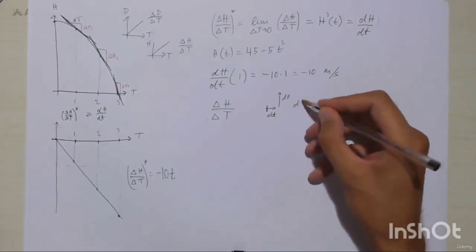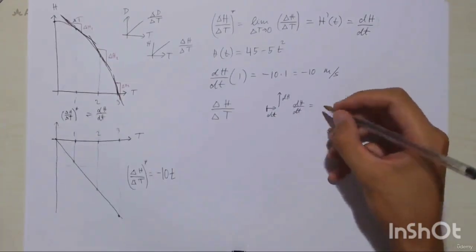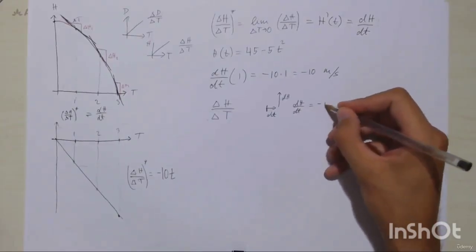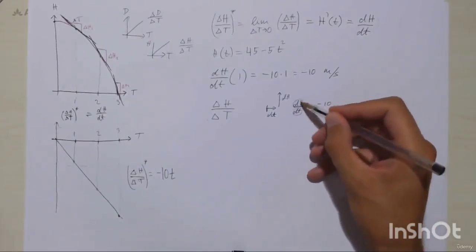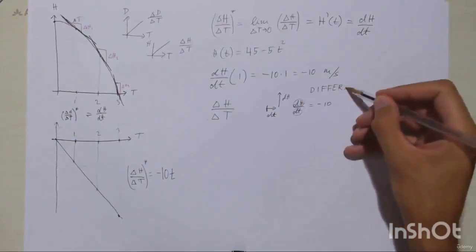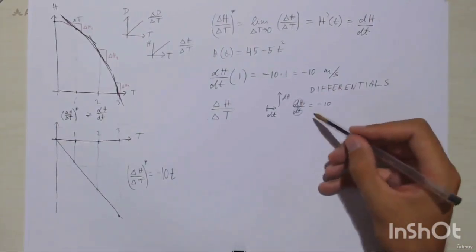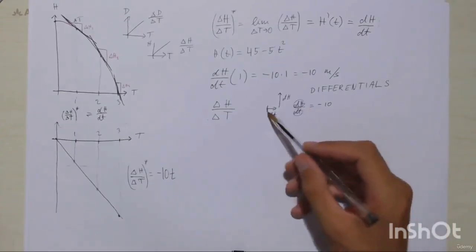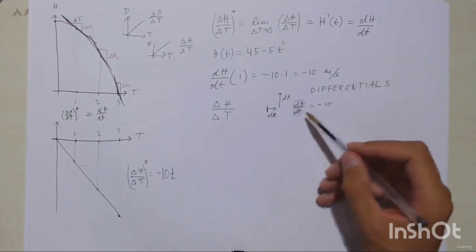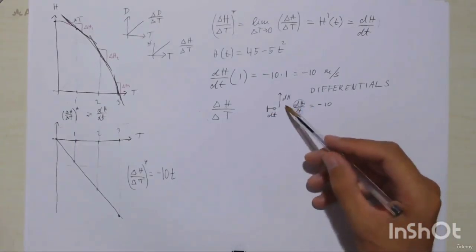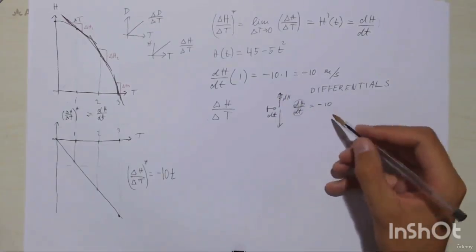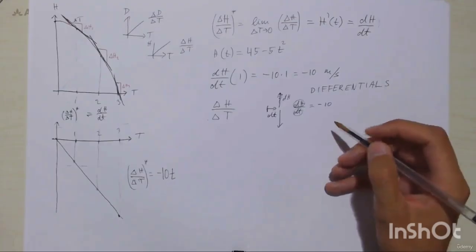And you can see it from this ratio. We're talking about infinitesimally small changes now. And these are called differentials. And you don't know how small they are. They're super small, but you know that if you change the time just a little bit, then the altitude would change 10 times more and in the negative direction.